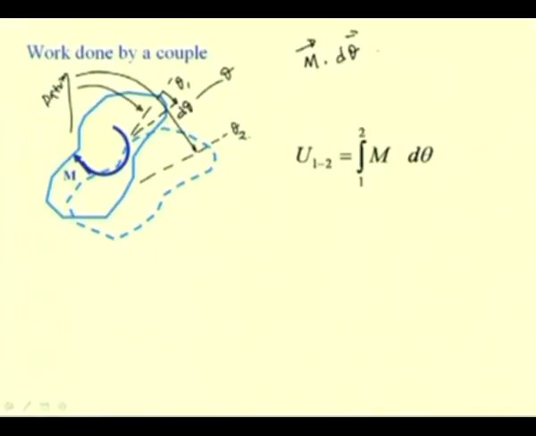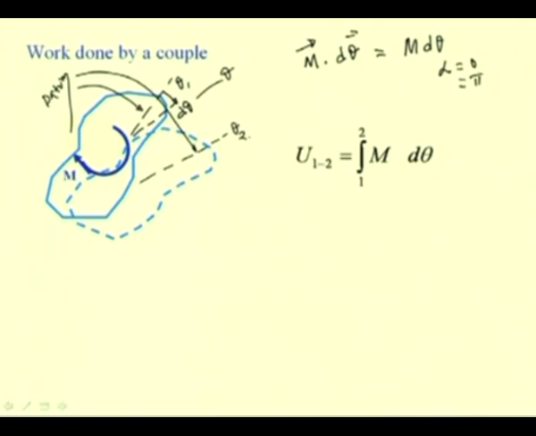In case they are in the opposite direction, then this work done is negative. So, it is equal in magnitude to this value M d theta. The sign of this depends upon whether the angle between these two vectors is either 0 or pi.